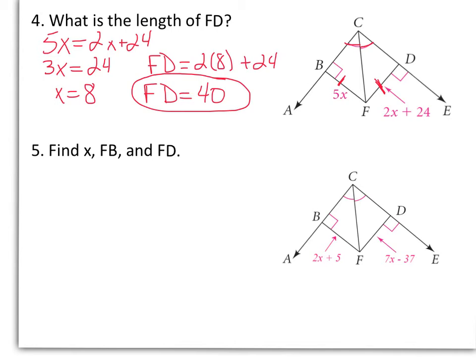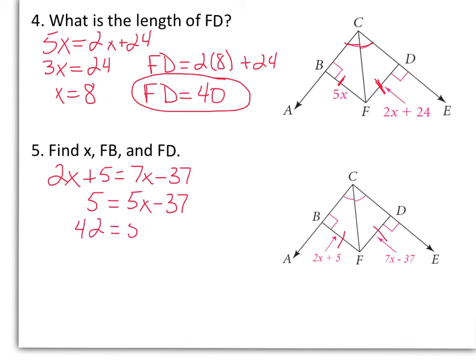Number 5, we're going to find X, FB, and FD. It's the same figure as the one previous. We see FC is an angle bisector, so that makes BF congruent to DF. F is equidistant from those 2 points. So I can write the equation 2x plus 5 equals 7x minus 37. So I'm going to subtract 2x from both sides and then add 37 to both sides.